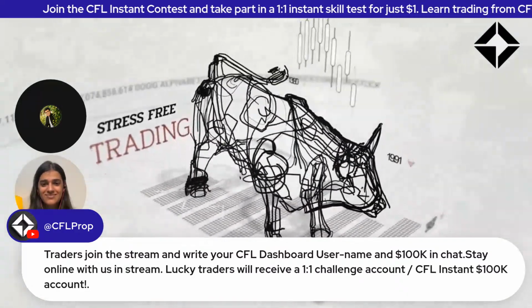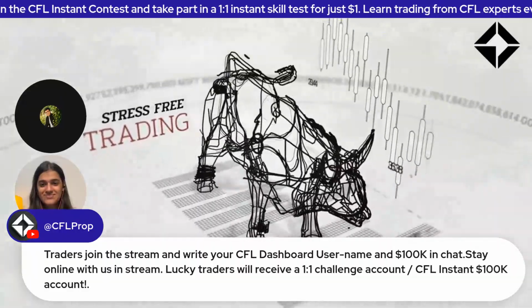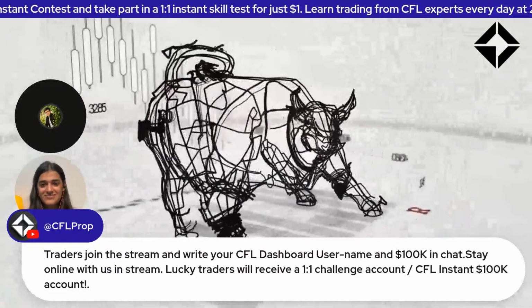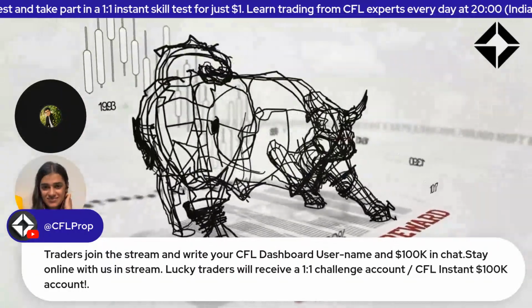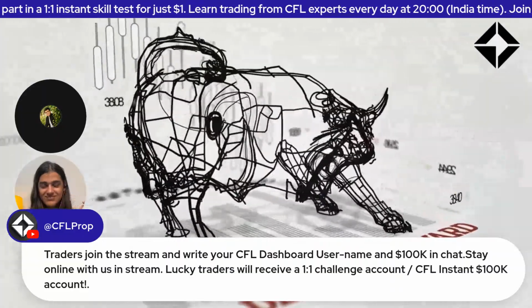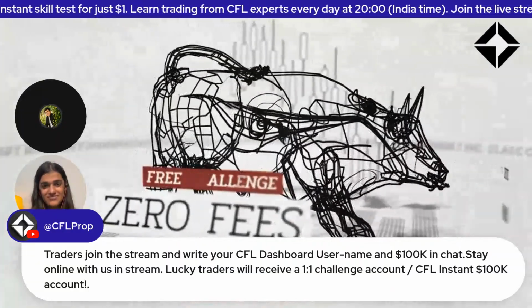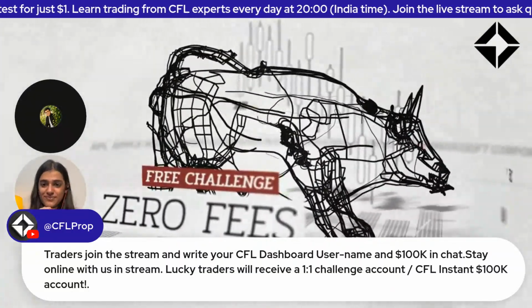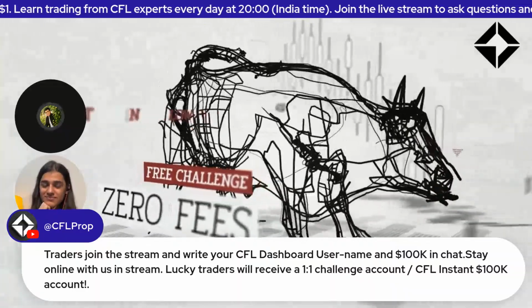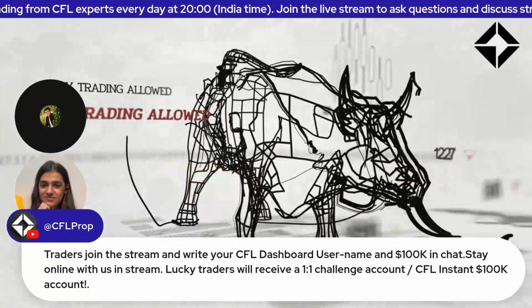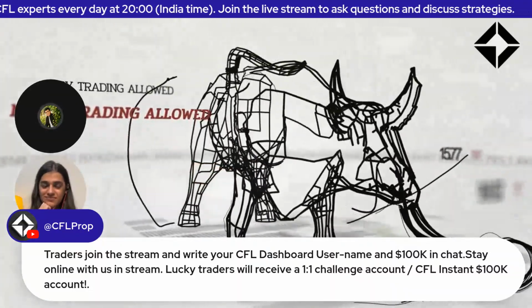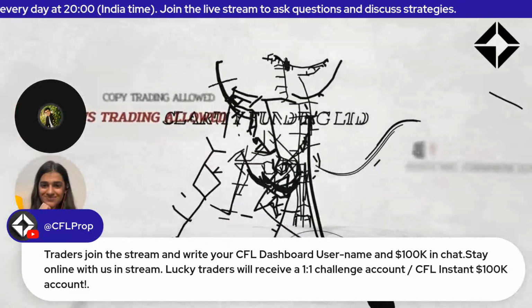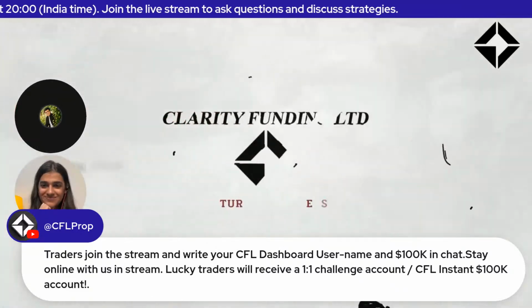Sure. True. So the simple answer is, if you really want to become very successful, you have to understand a lot of points, what you should do and what you shouldn't do. Trading is not what people think.